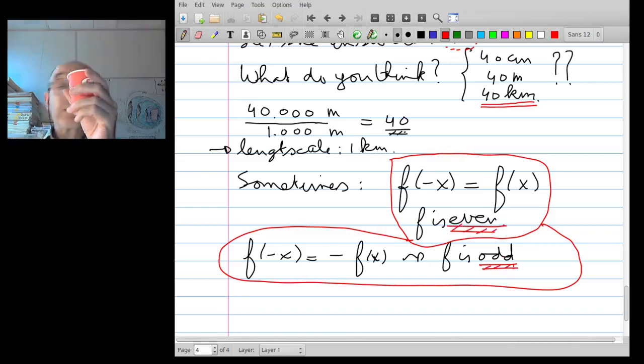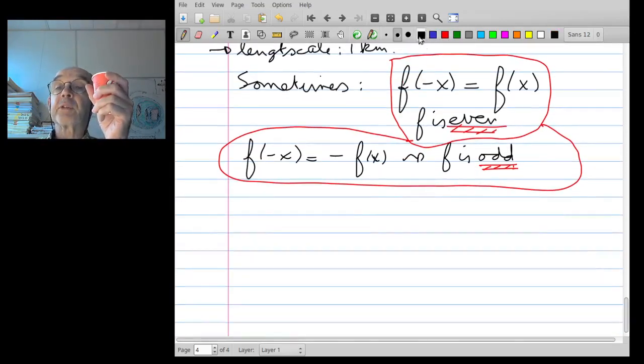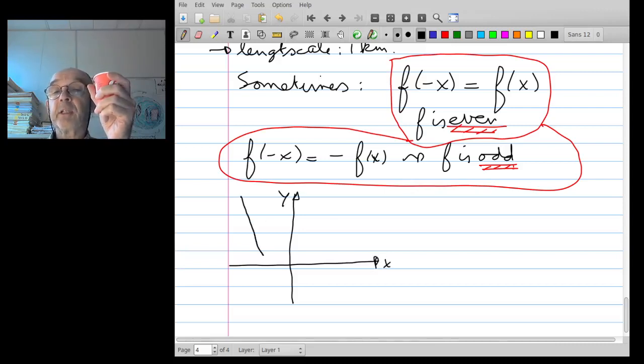And we can look at some graphs, for instance. If you have here the x-axis and there the y-axis, and here you have the graph of y is x squared, you see that you can mirror that point.